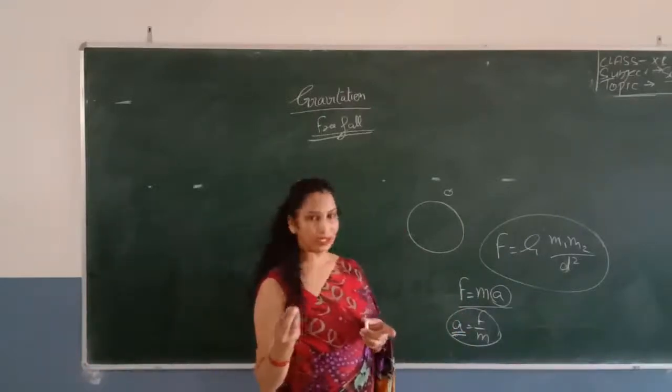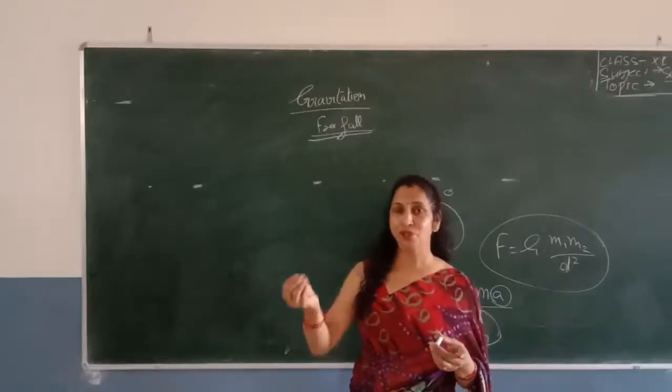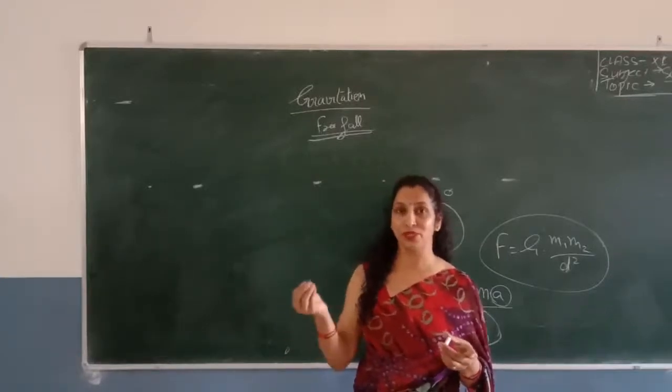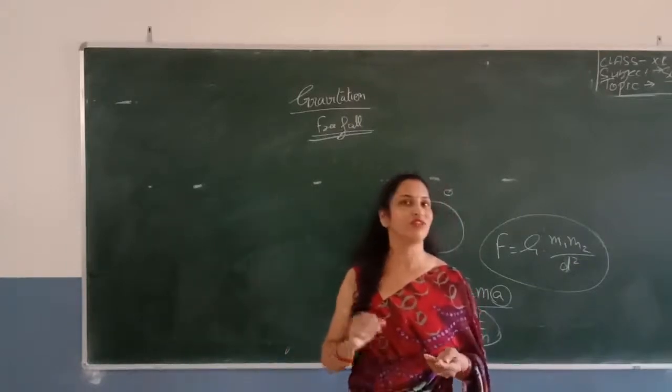So if a body moves towards the earth and the acceleration produced in the body is due to the force exerted by the earth on the body, it is called free fall.